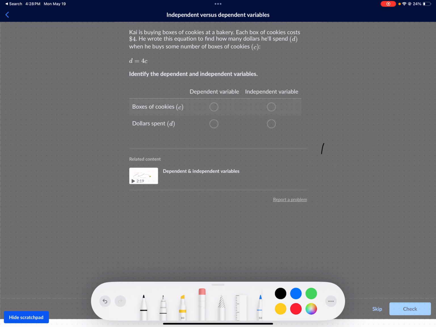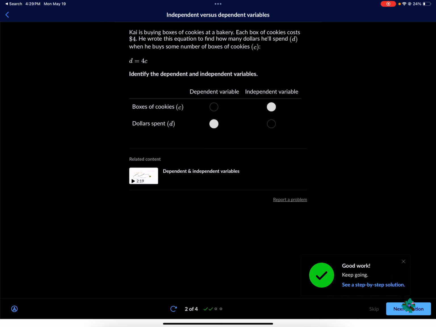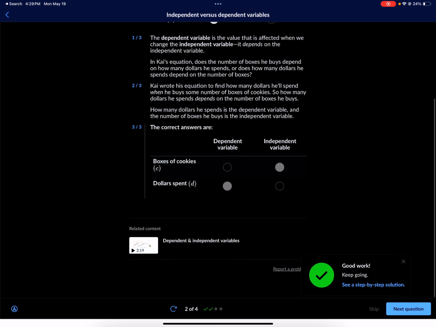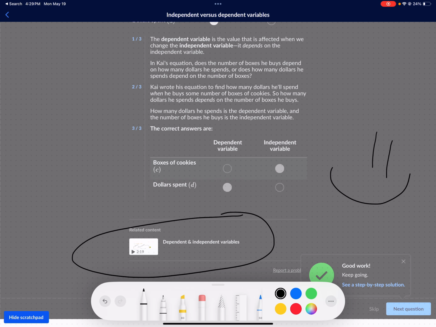So whatever C is, that's going to control what D is. So C would be the independent variable and D would be the dependent variable. So if you got that right, good job. If you didn't, here's the explanation. Here's the video, and happy studying.